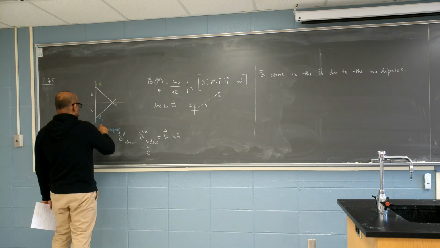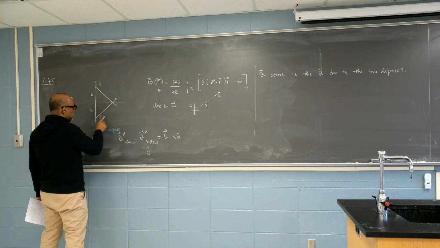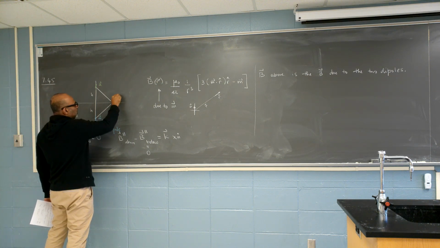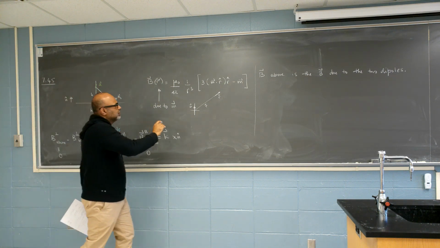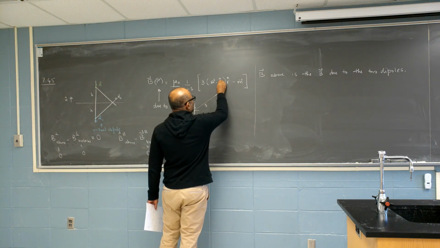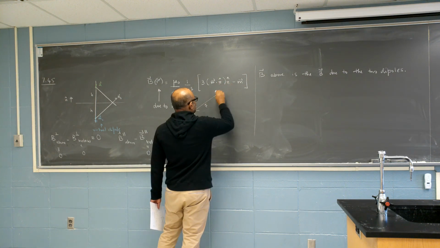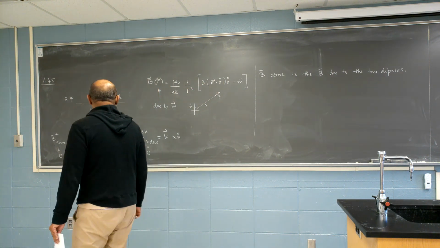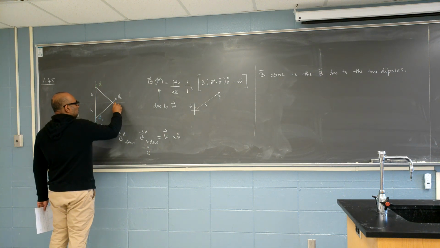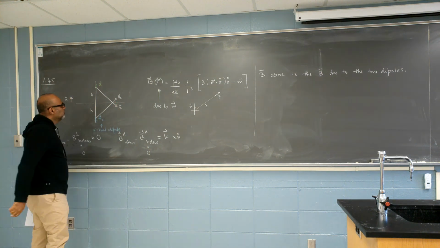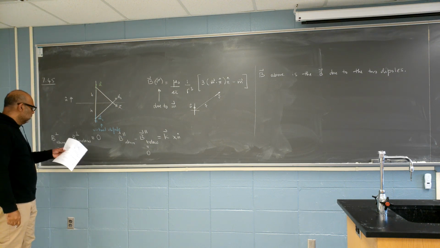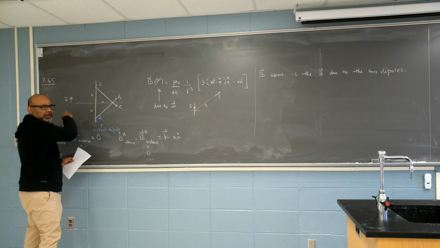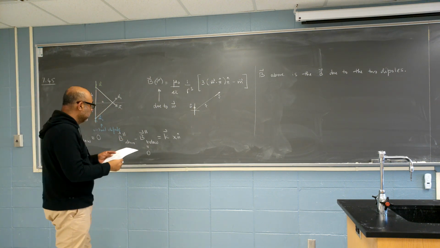Let me label a few things. This is M2. This unit vector, I'm going to call it R2. This is actually script R, if the dipole is not located at the center. That's fine. And this one, I'm going to call it R1. I need to label angles and distances. I'm going to call this cylindrical S, because in the XY plane we can use a nice cylindrical coordinate system.